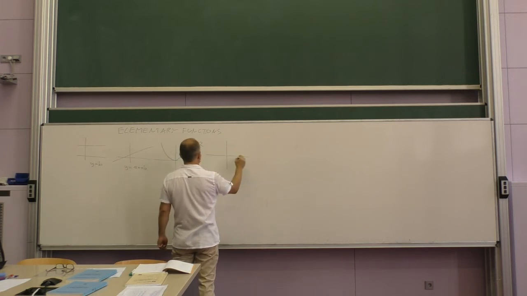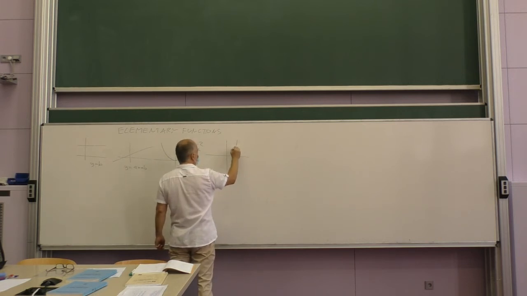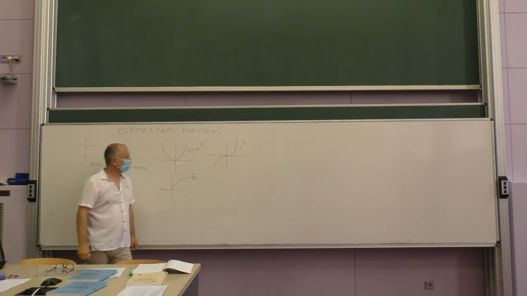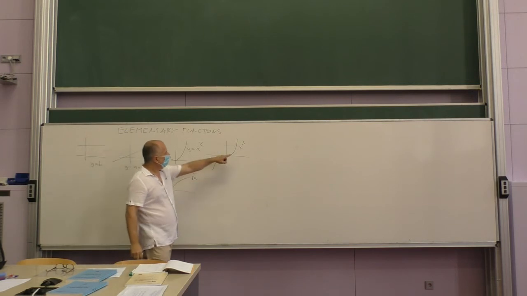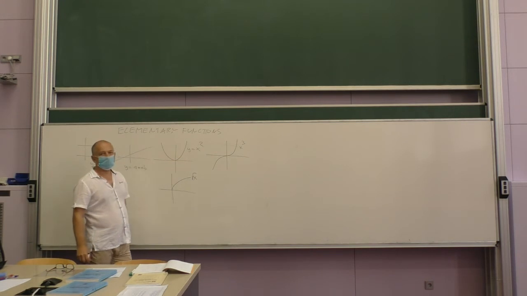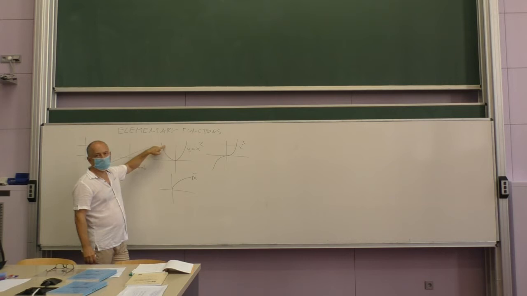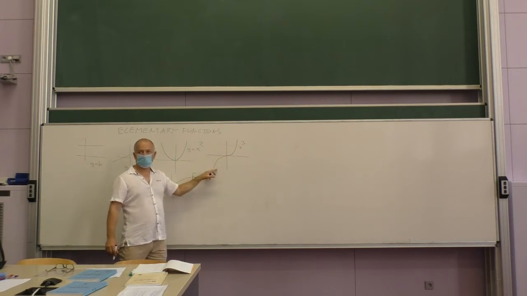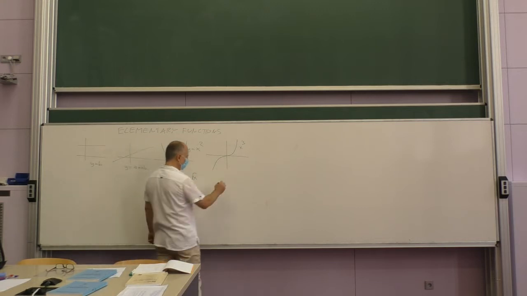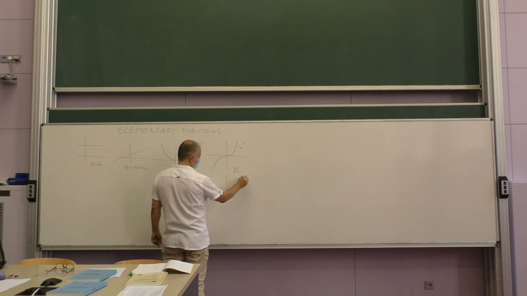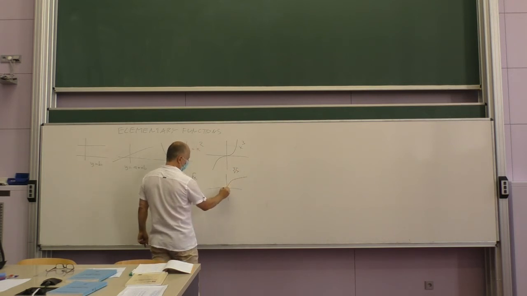If we change the exponent from 2 to 3, we get a cubic function which is for positive x roughly similar to x squared, but the great difference is that for negative x, x squared gives positive results, while x cubed gives negative results. And we can consider the cube root of x with a graph like that.